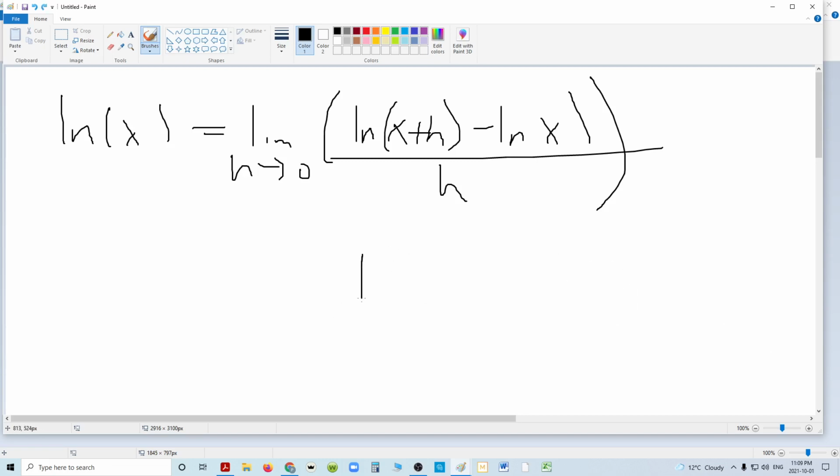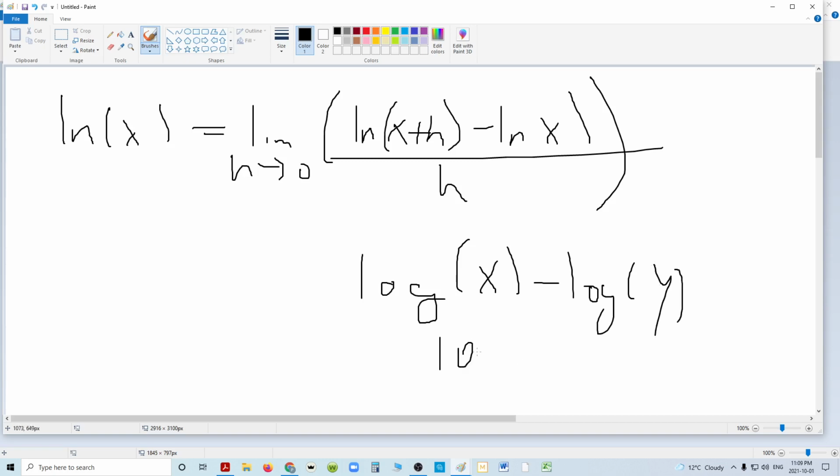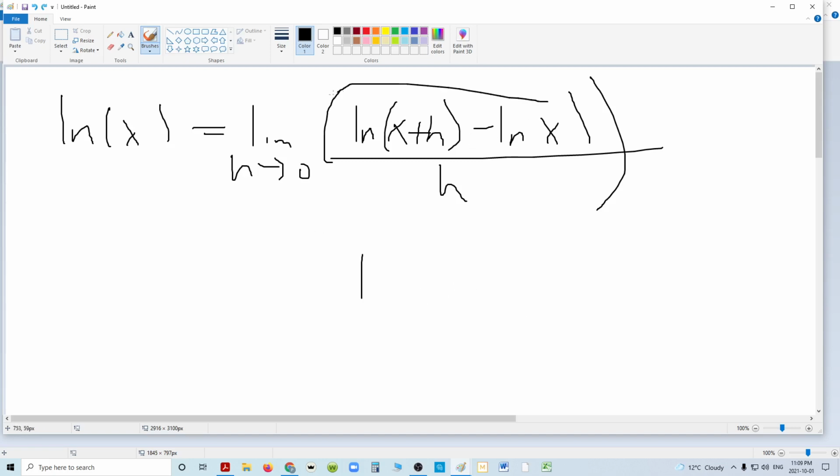And one of the log rules says that when I have a log or a ln that is ln x minus log y, I can rephrase it as log x divided by y. I can take whatever numbers are in there, divide them, then take the log. Very handy, remember. Well, I have that situation here.